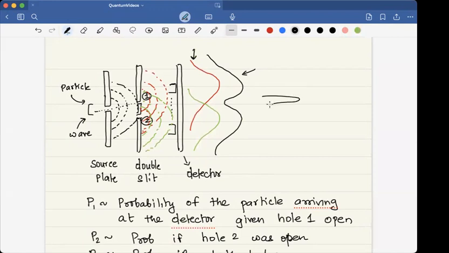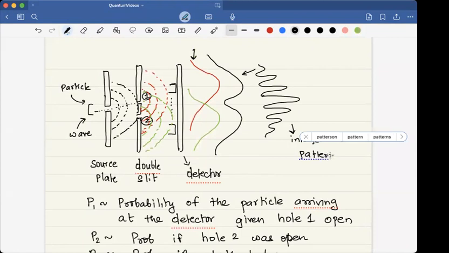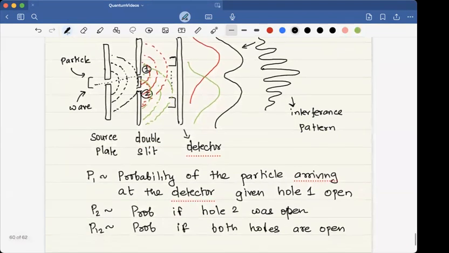So it will be a symmetrical pattern. So this is the interference pattern that is created.